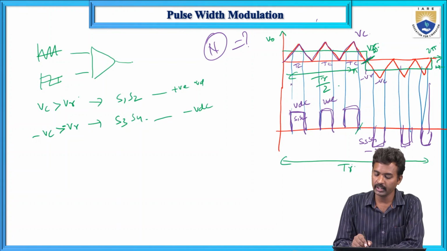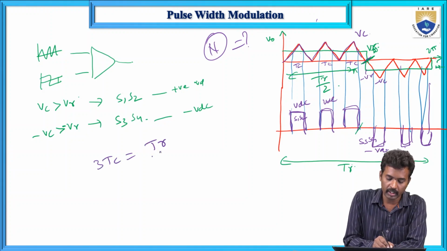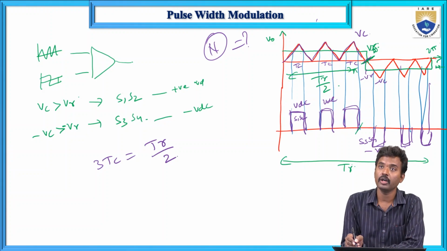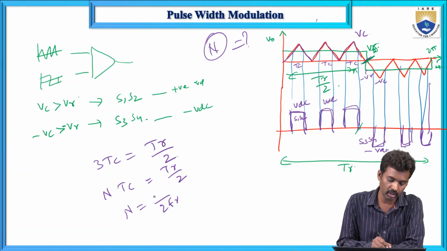So 3Tc equals Tr by 2. Here the number of carrier waveforms is 3. If it is n, then nTc equals Tr by 2. If you convert to frequency, n equals 1 by 2 fr into fc.